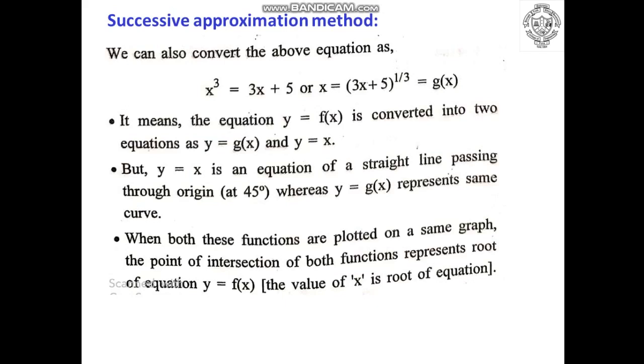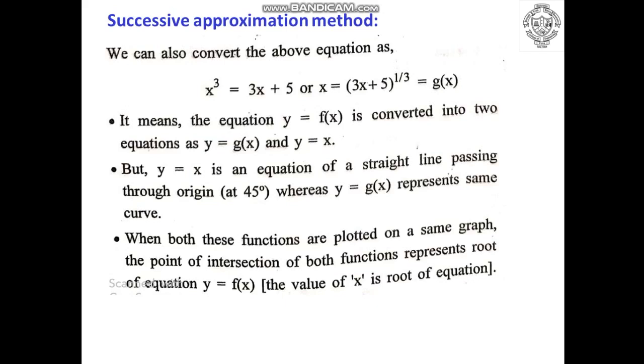It means the equation y is equal to f of x is now converted into two equations: y is equal to g of x, which is nothing but 3x plus 5 raised to 1 by 3, and y is equal to x. Since we are considering another equation as y is equal to x, all values of y with respect to x are the same.